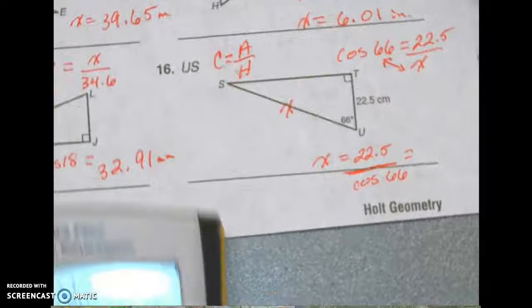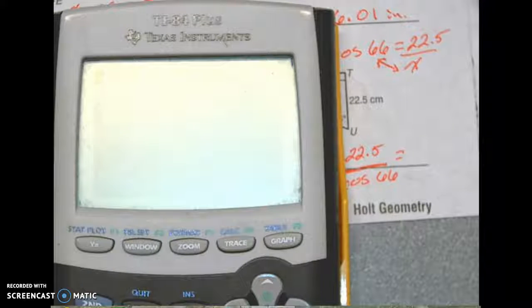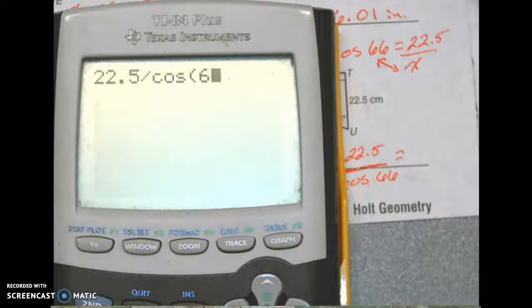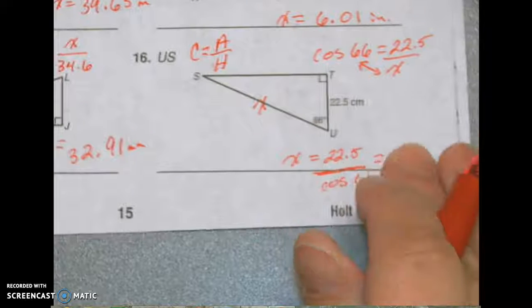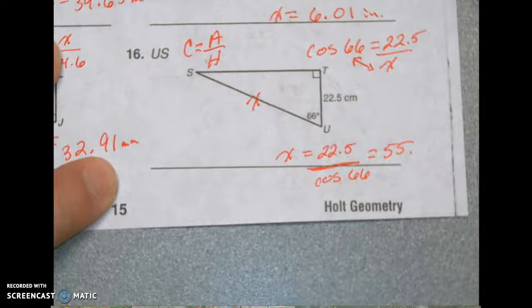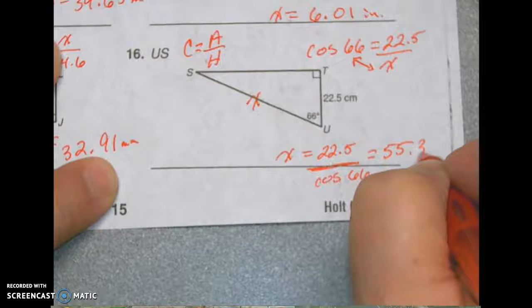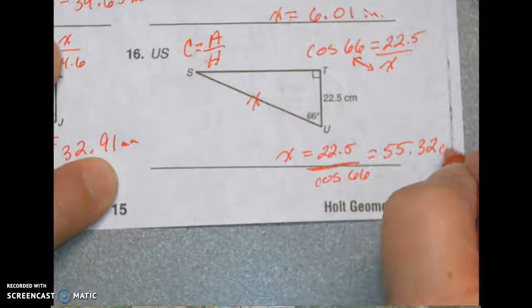So in my calculator, I want 22.5 divided by the cosine of 66, and I end up with the length of 55.318. So rounding that, 55.32. And this is in centimeters.